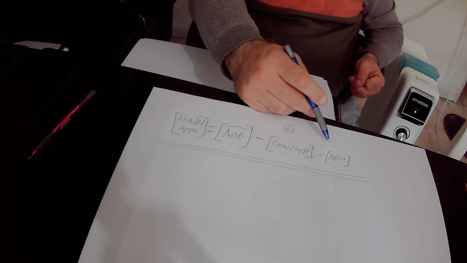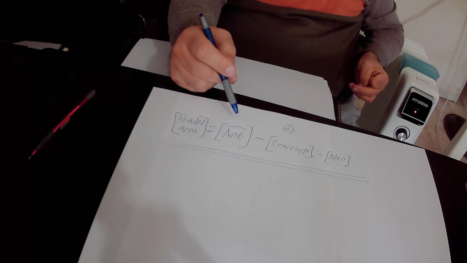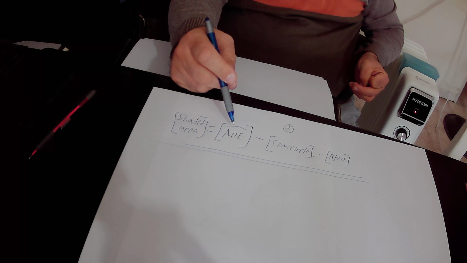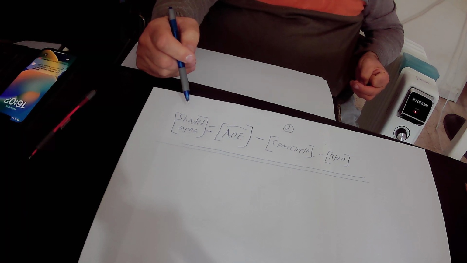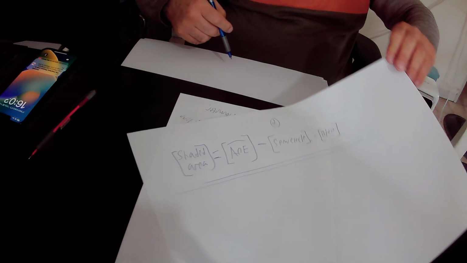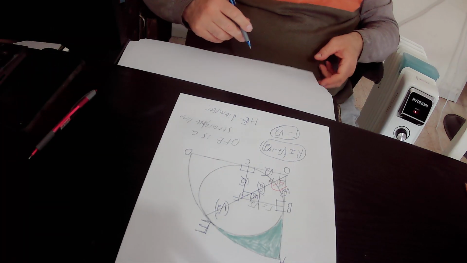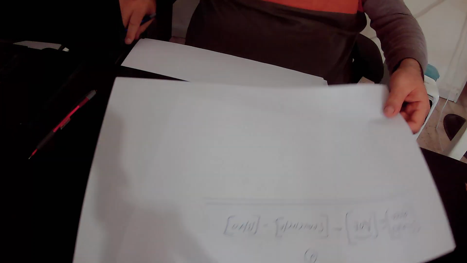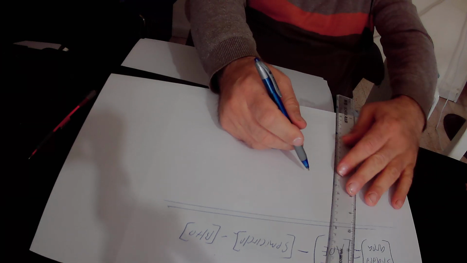So we find out the area of each shape and then subtract them from the area of sector AOE, and this will be the value of this shaded area and the answer to this question. So first of all, we find out the area of sector AOE. Actually, what is the area of a sector?